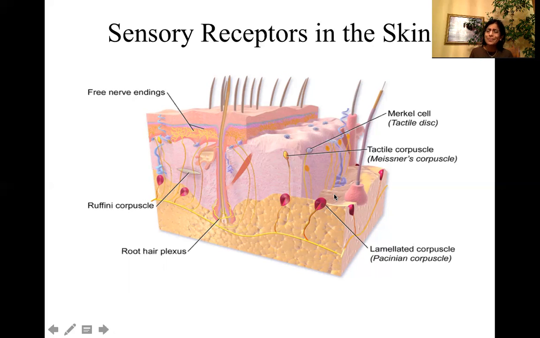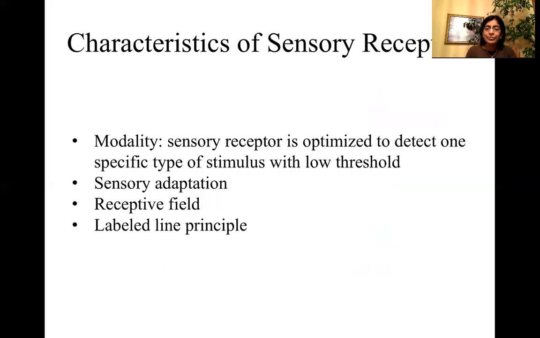And even in the skin, there are certain parts that are very, very sensitive: lips, fingertips, the nipple area, etc. So those are the ones that are concentrated in certain types of tactile receptors compared to some other parts of the skin. All right, now let's talk about a few more characteristic features.